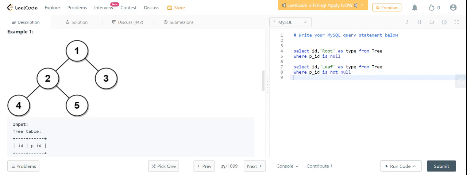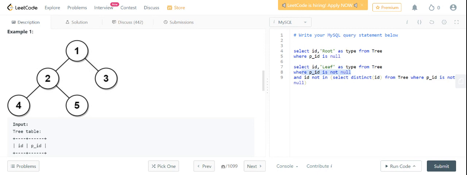We have to write one more condition here: id not in. I will explain it later. Let me write this down: select id from tree where parent id is not null. Let me validate this once. Yes, I think this is correct. So a leaf node is a node which does not have any child node. It has only a parent node.